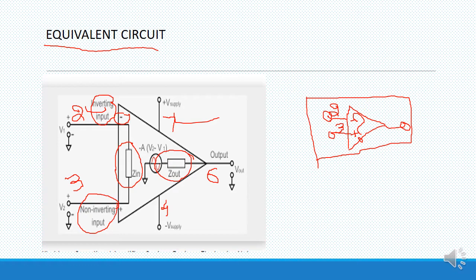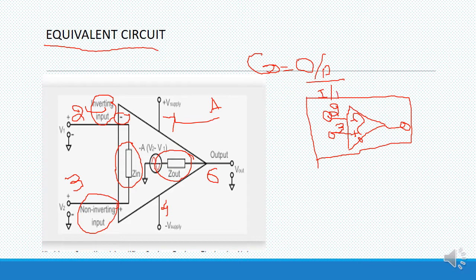Just if you have remembered your operational amplifier definition, what is an op-amp? An op-amp is a high gain, that means its gain is very high. I think I already explained in the first class. Gain's general formula is output divided by input.